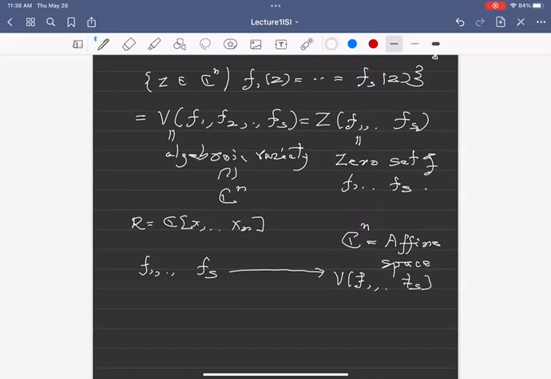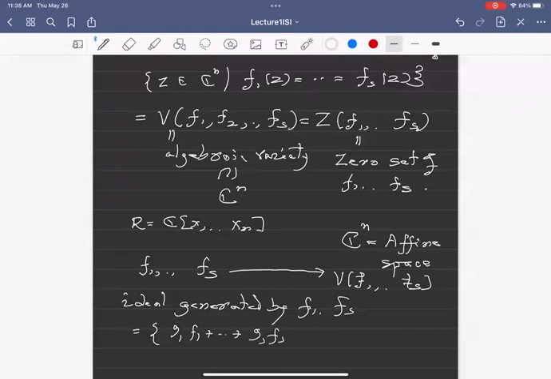Instead of f1 up to fs, suppose I take the ideal generated by f1 up to fs in this ring, which consists of all polynomials of this type, g1 f1 plus up to gs fs, where g1, up to gs are polynomials with complex coefficients. So take all polynomial combinations of f1 up to fs.